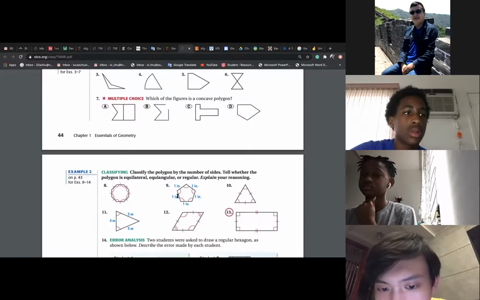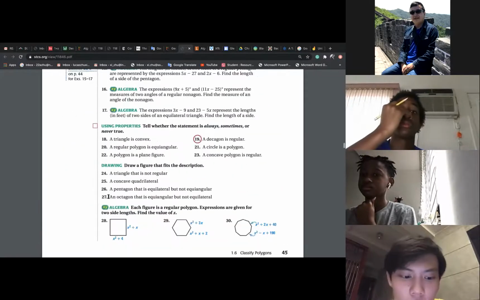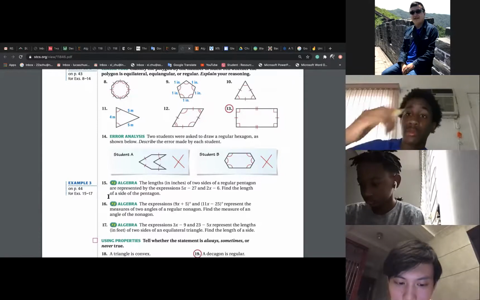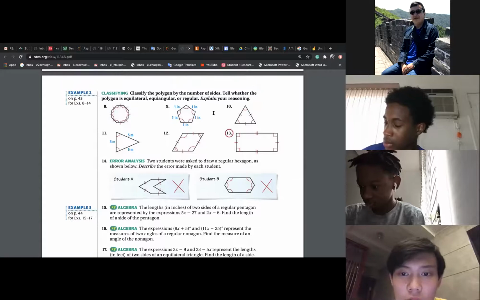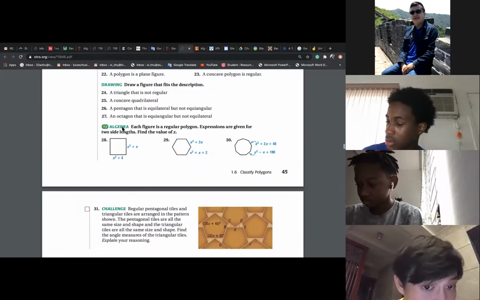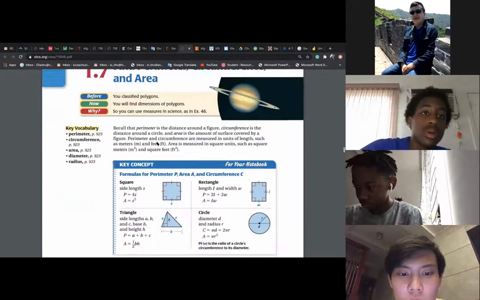You guys should practice this one. Page 45, questions 8 through 13, the 6 questions over here, and the perimeter.